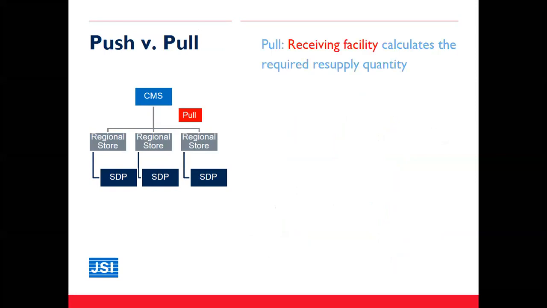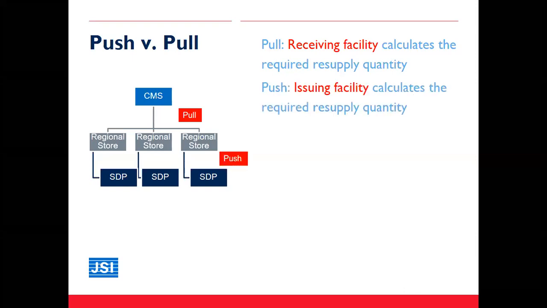In a pull system, the receiving facility calculates the required resupply quantity, while in a push system, the issuing facility calculates the resupply quantity. In either case, the person doing the calculation would use the same consumption and stock on hand data and maximum stock quantity, and both would end up with the same quantity required.